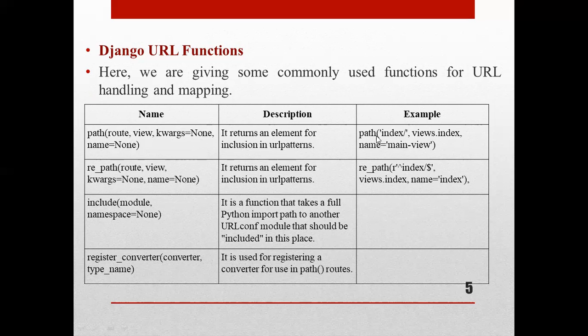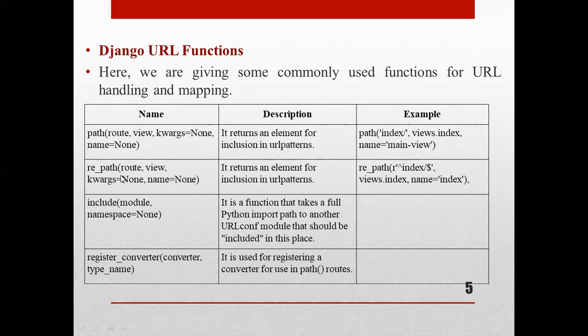Here you can see the example of the path function: the path, then the route, then views.index. This is the view, and name equals main view. This is the name of that view. So this is the example of the path function.